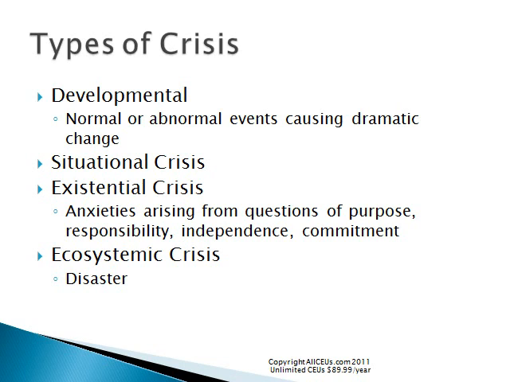Existential crises are anxieties arising from questions of purpose, responsibility, independence, or commitment. Existential crises tend to pop up more for people who are diagnosed with a terminal illness or for people who are elderly and really reviewing what they've done with their life. But that's not always true. You can see existential crises in younger people.